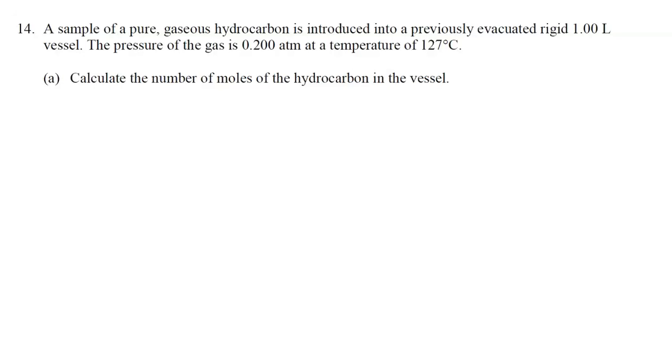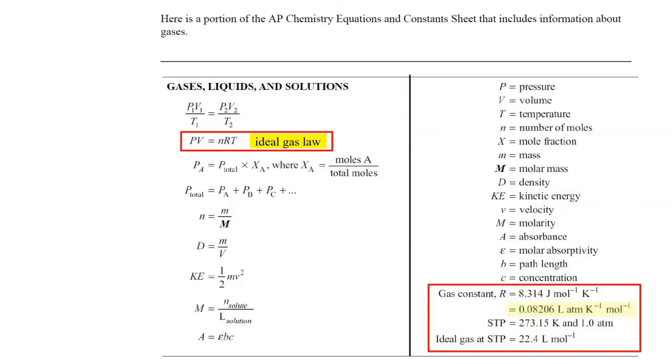Part A. Calculate the number of moles of the hydrocarbon in the vessel. So if we're trying to calculate the number of moles of this particular gaseous hydrocarbon sample, we can use the ideal gas law to do that, as long as we know the pressure, the volume, and the temperature of this gas sample.